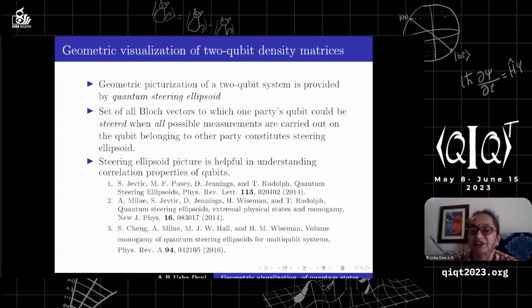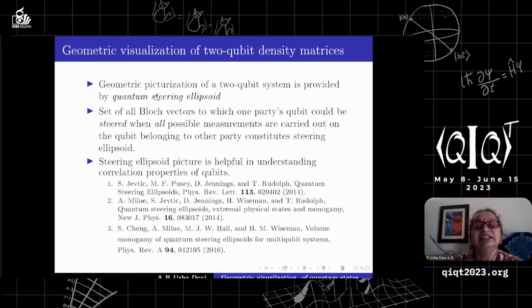Fine. But now, if I take any arbitrary two qubit state, not necessarily pure, what is going to happen to the geometry? That is, can you find a convincing geometry where a quantum state can be written in terms of a geometric picture? So how do I look at it?